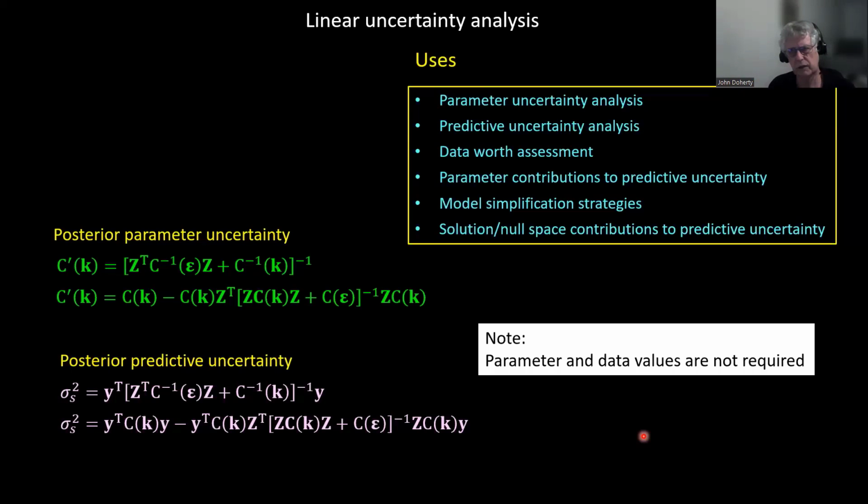We can use linear analysis to calculate the contribution that those boundary parameters make to the uncertainty of decision-critical predictions. And if those contributions are small compared with other contributions to uncertainty, which I can calculate because my model now runs quicker, then I'm ahead. I can justify making that model simplification. So that's another place where linear analysis can come in handy.